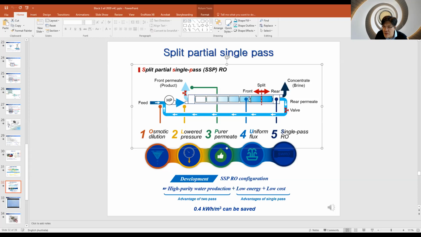in this element or here, the last two elements, the permeate is high concentration because the feed water concentration keeps increasing. This high concentration we don't want to mix with the final product permeate.